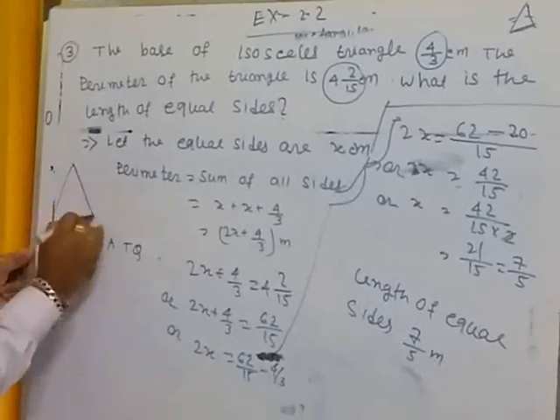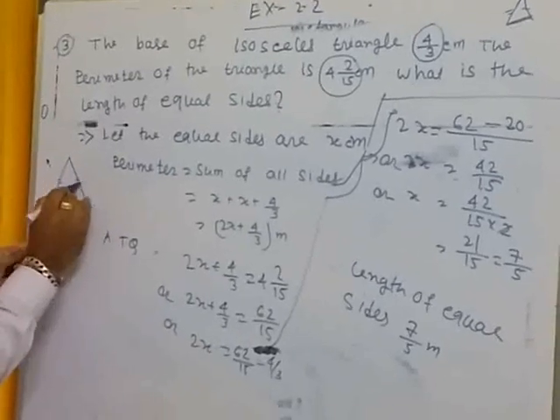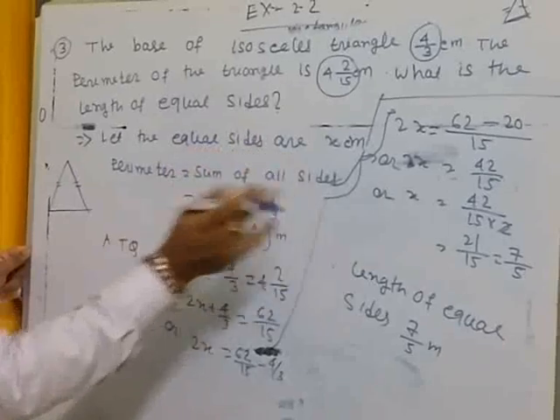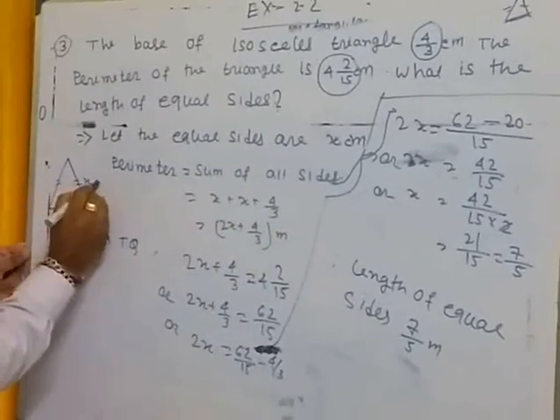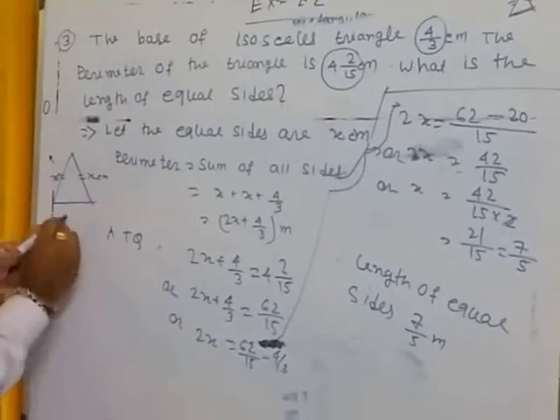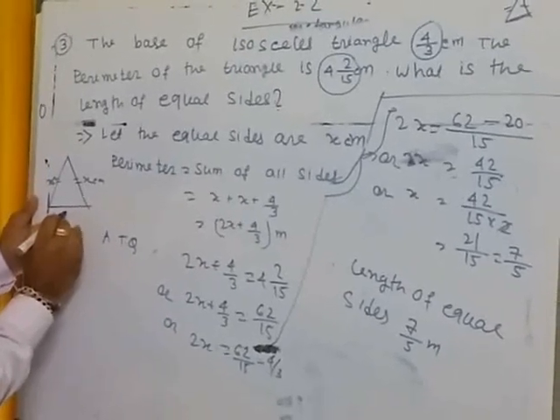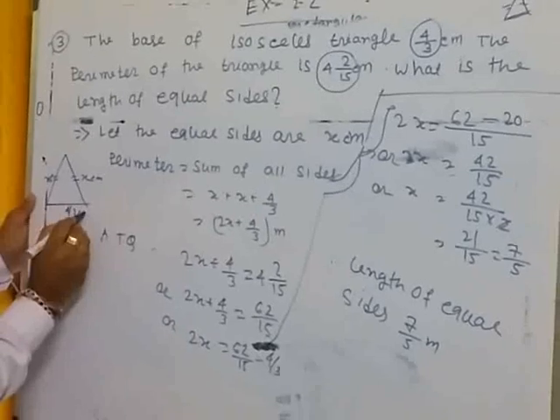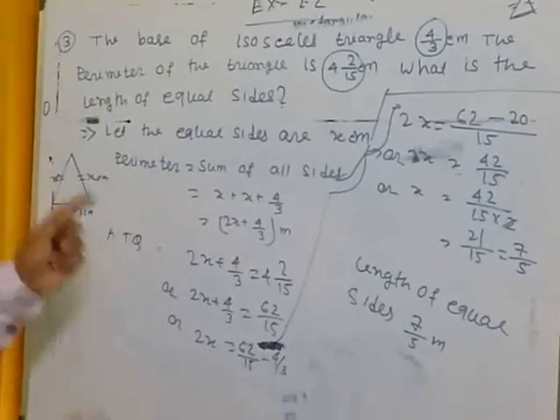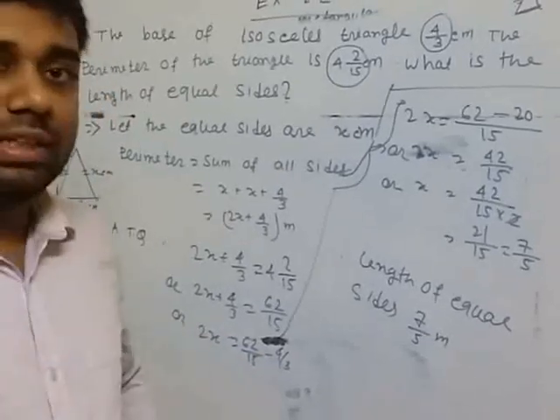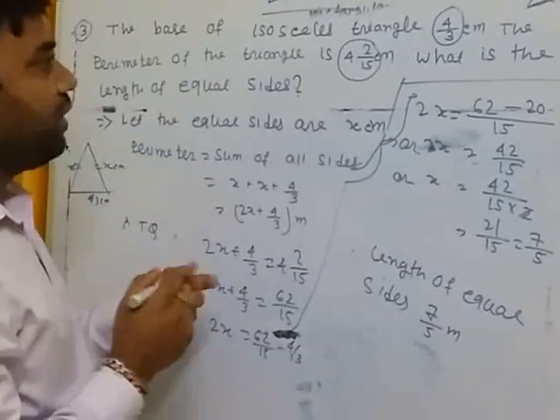So I draw a figure. These two sides are equal, and let the measure of each equal side be x centimeter, and this one is given as 4 by 3 centimeter.